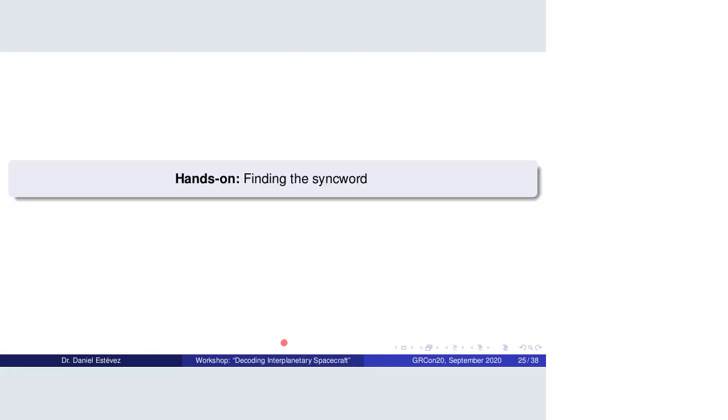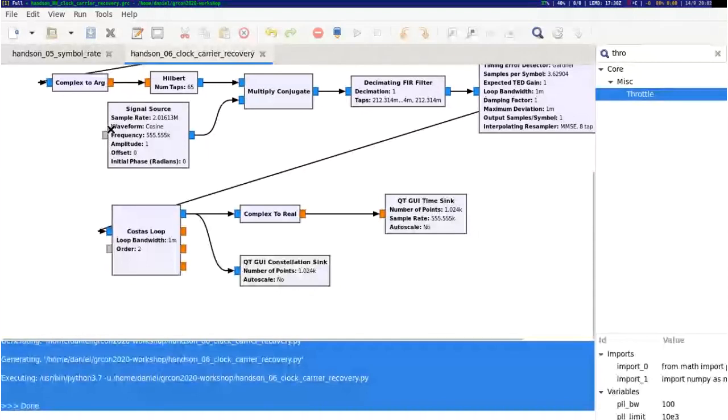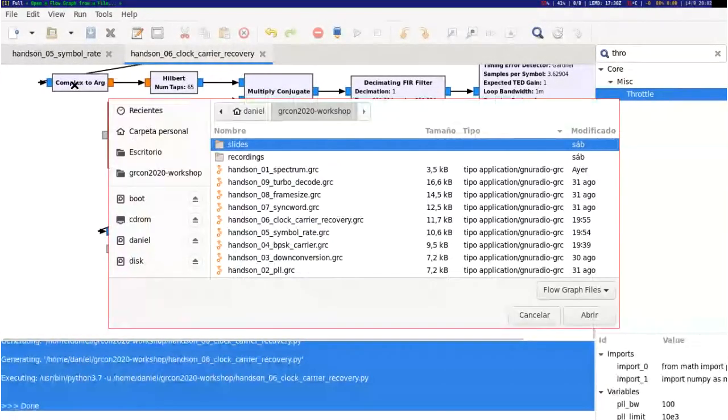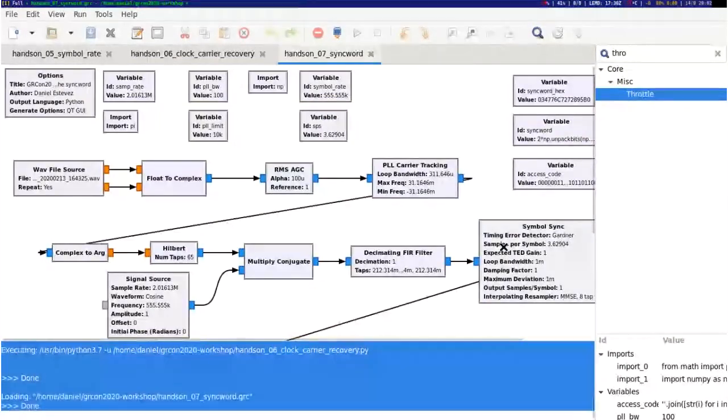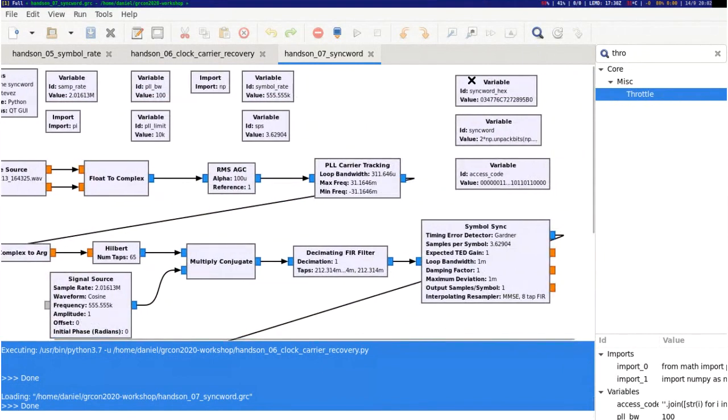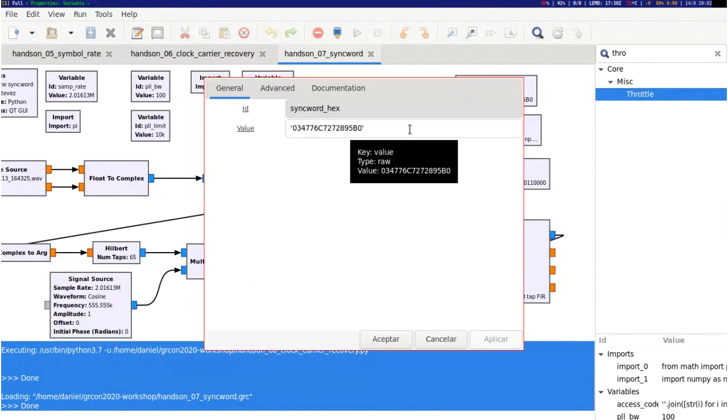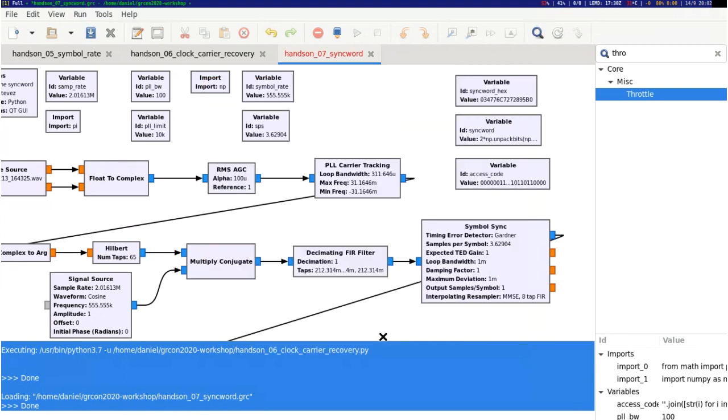Let's go ahead and move on to the flow graph, which I'm going to open because, as you'll see, to save me from typing here, I have some variables with the data already loaded. This is a sync word in hexadecimal. Just copy it straight away from the Blue Book document.